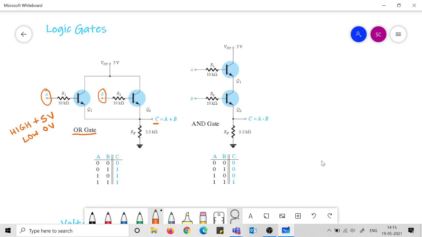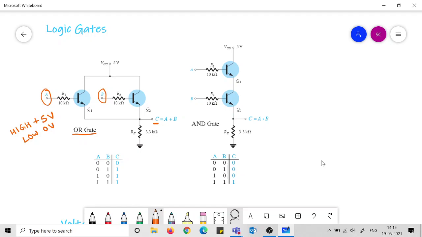Whereas if there is no signal at A or B, then these transistors will act as open switches, because when there is no signal at A, there will be no base current, and hence no collector current also. So this will be an open switch.